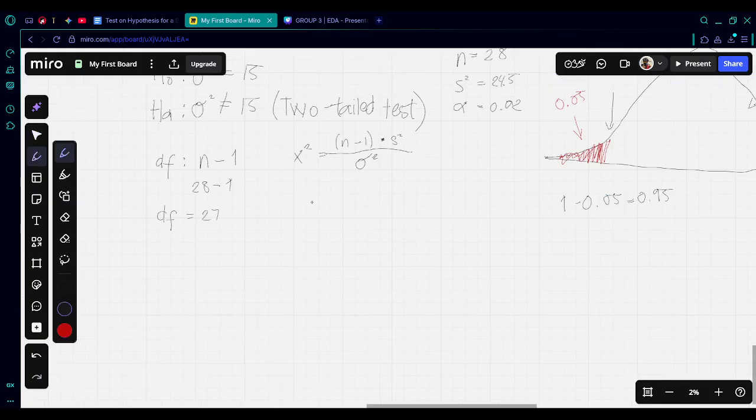So let us now substitute from our givens. So n minus 1, this is 28 minus 1, multiplied by 24.5, over our population variance, which is 15. So to calculate the value, we will get 44.1.